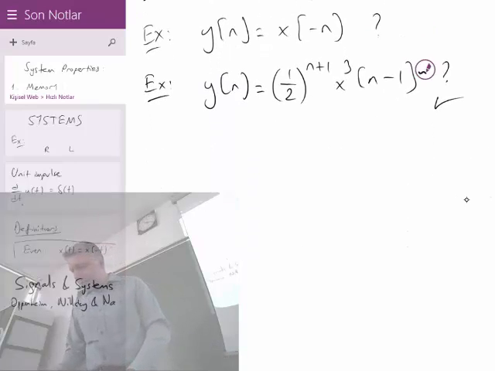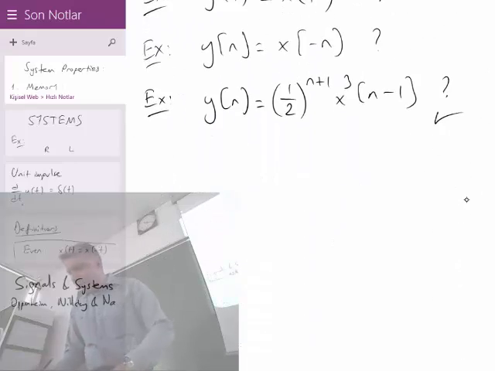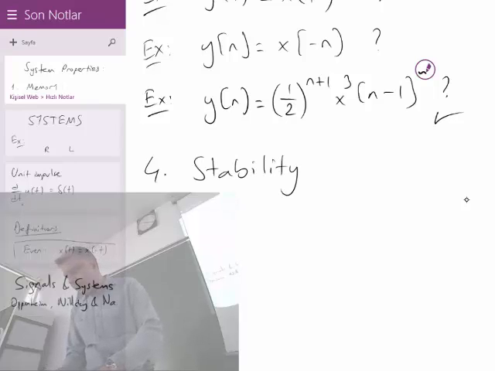Okay, what number are we at? It was 3. Let's proceed with 4. Stability. Is the system stable or unstable? That is the answer that you have to give. But of course, before that, you have to make a description of what we mean by stability.